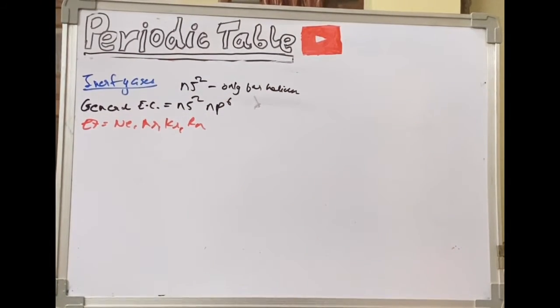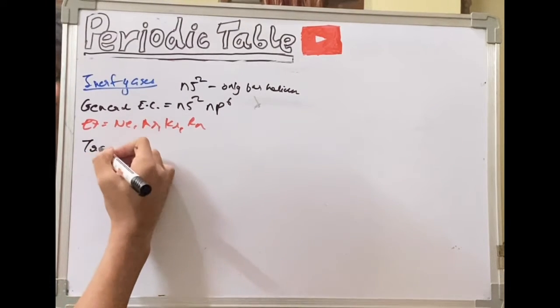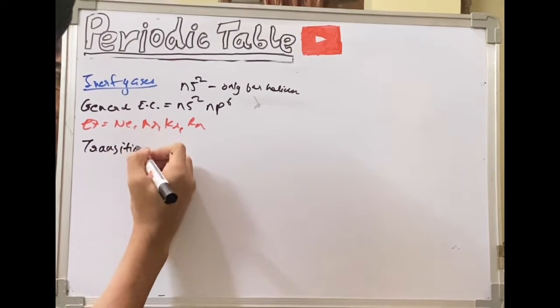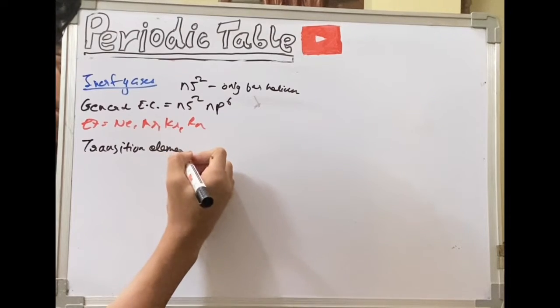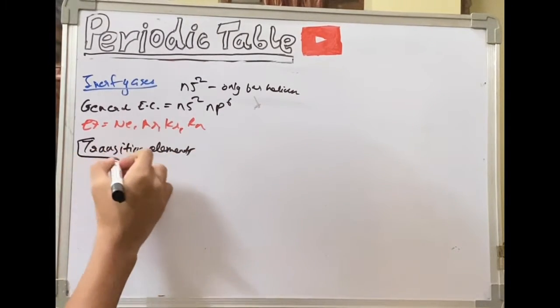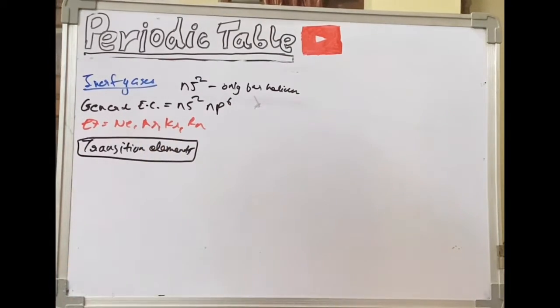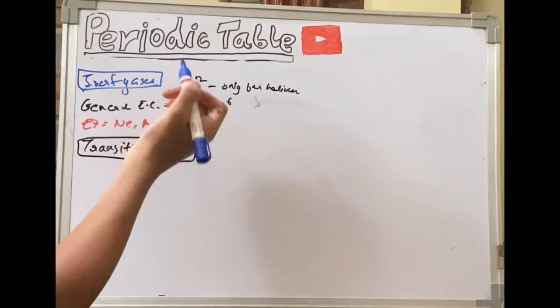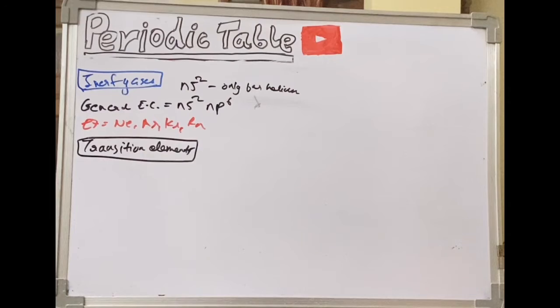Now we'll have a look at the transition elements. The transition elements are the metals which lie between group 3 and 12, or you can say in groups 3 to 12.